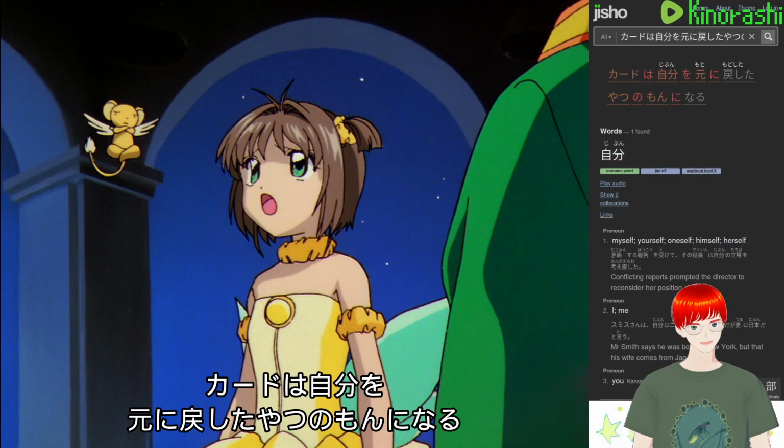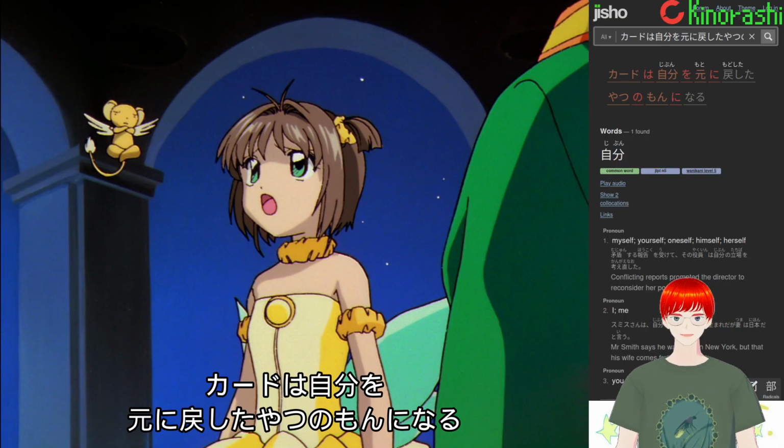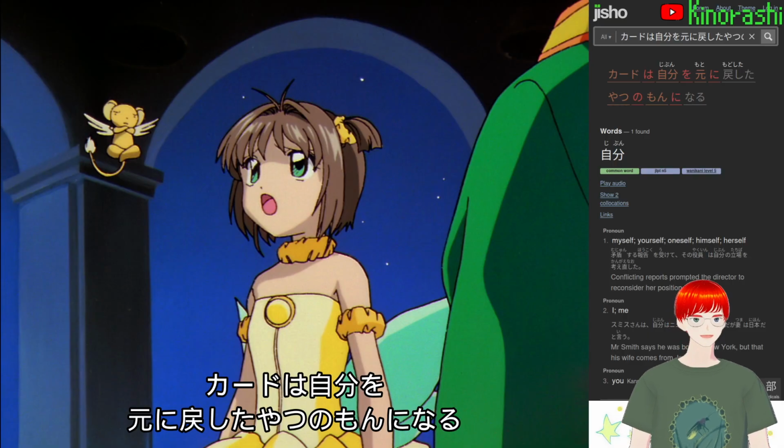While jibun literally means oneself, in this specific grammatical usage, verb plus ta plus yatsu, it functions as an object of the relative clause. The phrase jibun wo moto ni modoshita means who returned me to my original. Okay, no, I think jibun is supposed to reference the card.